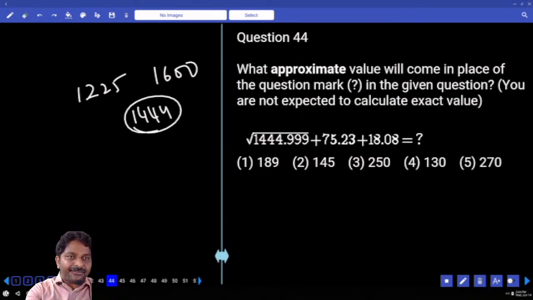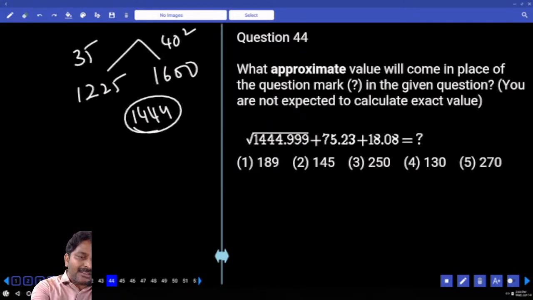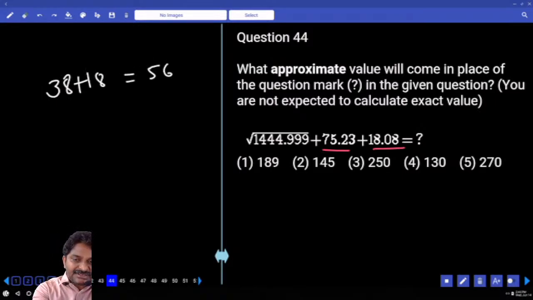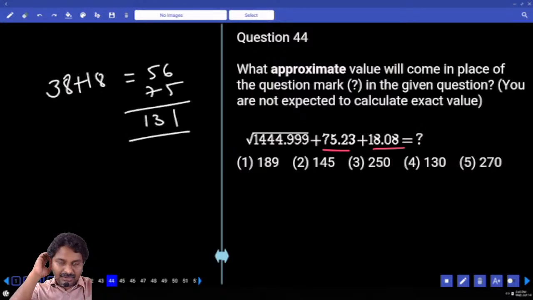So it will be definitely more than half of this range. This is 35 and this is 40 square. Right? Half means 37.5. It should be more than that, right? So you need to consider it as 38 plus 75 plus 18. Sum of these two numbers 56 plus 75, 131.